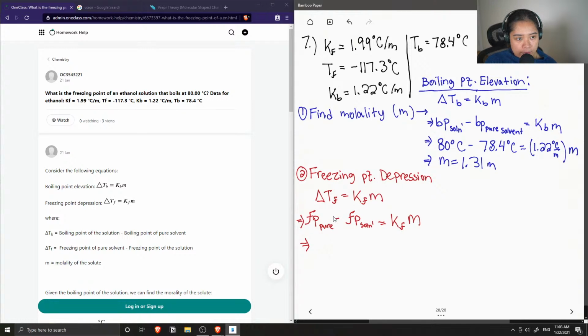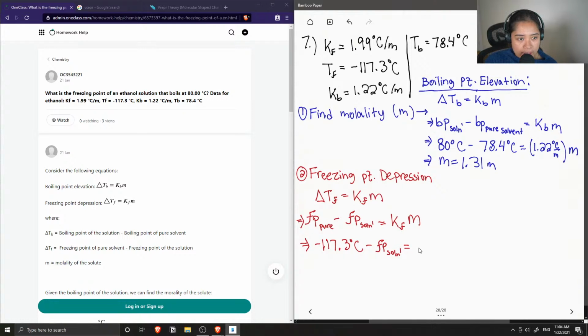And this is equal to Kf times M. So we know the freezing point of our pure solvent is negative 117.3. And we're trying to solve for our freezing point of solution.